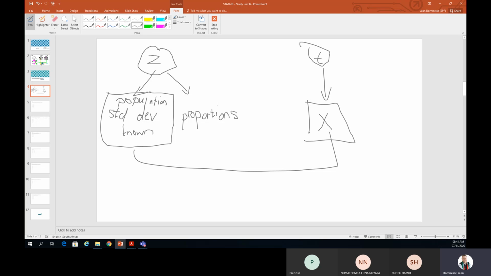So confidence intervals is basically between three things.